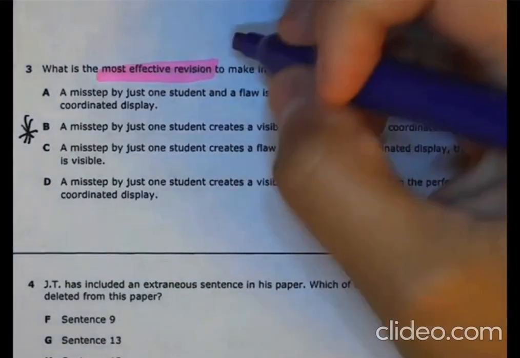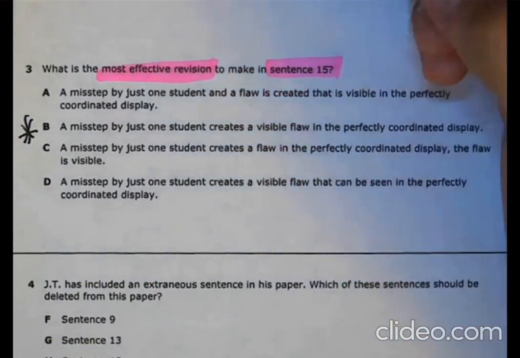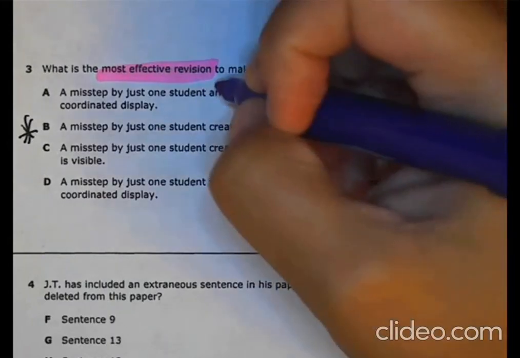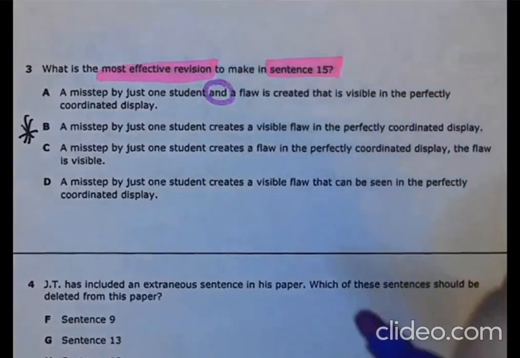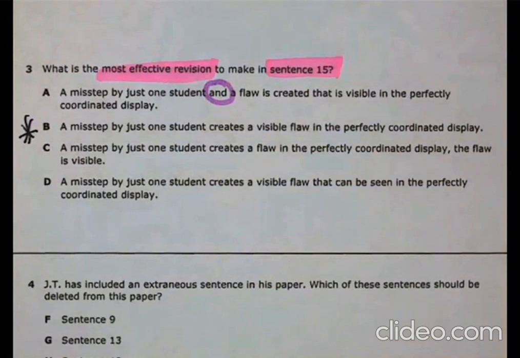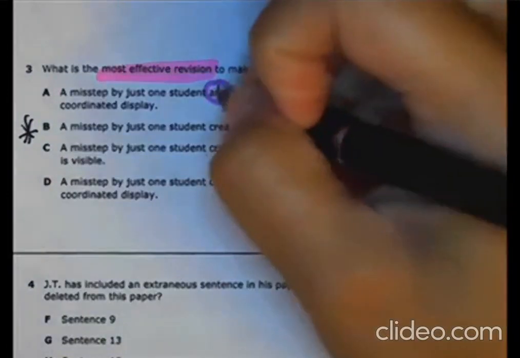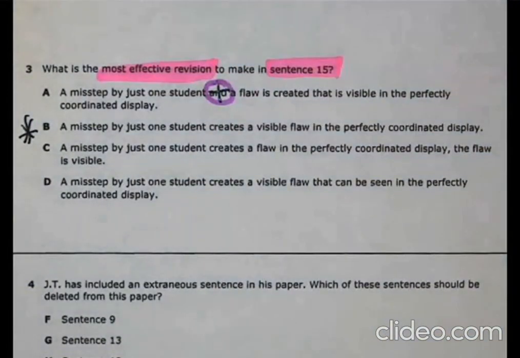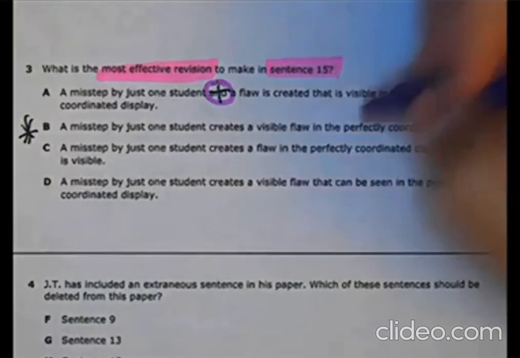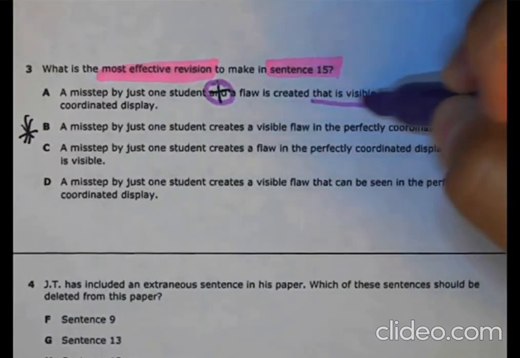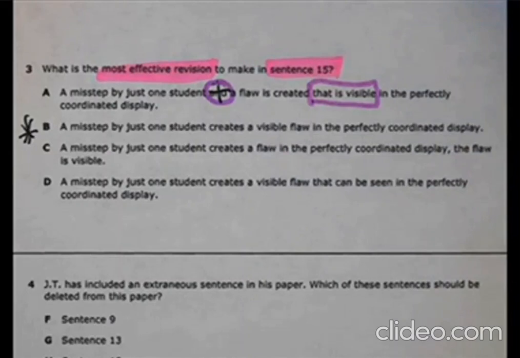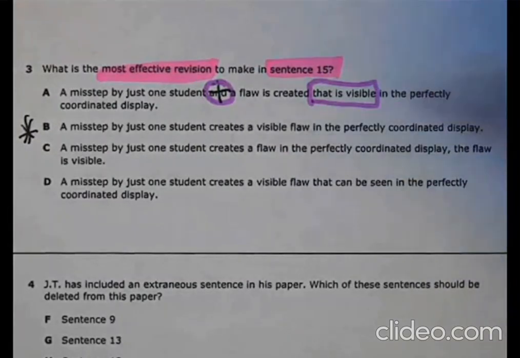Even if it's just one word, such an insignificant word, they added it. They added the "and" there. This is an added word. I also noticed that they moved "that is visible." It's not at the end anymore. They moved it in front of this phrase. Okay?